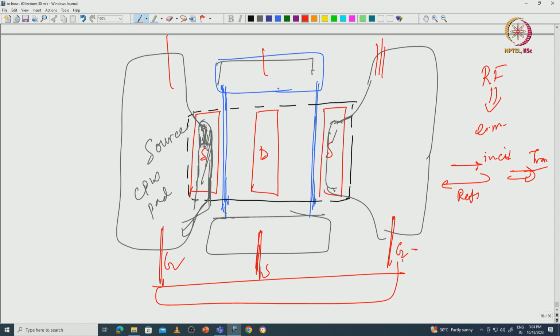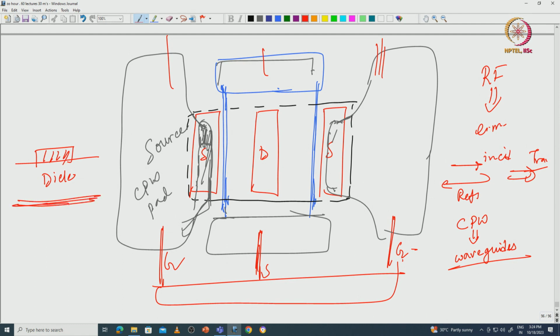Actually, when I say coplanar waveguide, this is a type of waveguide. There are many other types of waveguides and transmission lines, you have microstrips, you have strip lines. These are different methodologies. For instance, you can have a dielectric, on the top of the dielectric you just have a signal, and the bottom of the dielectric is your ground.